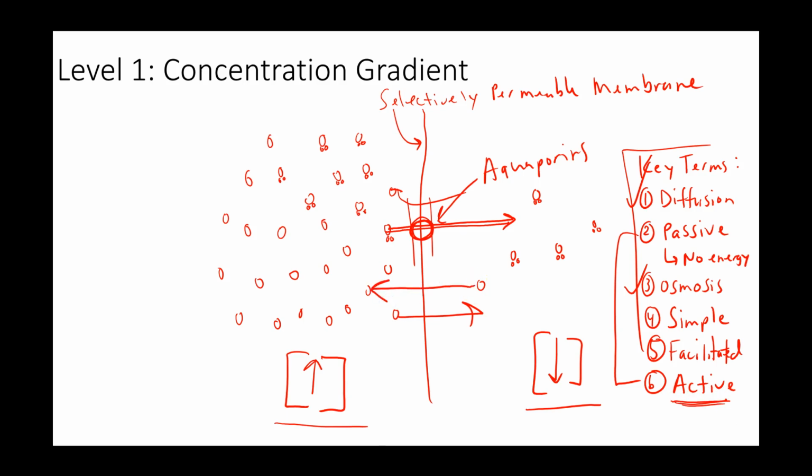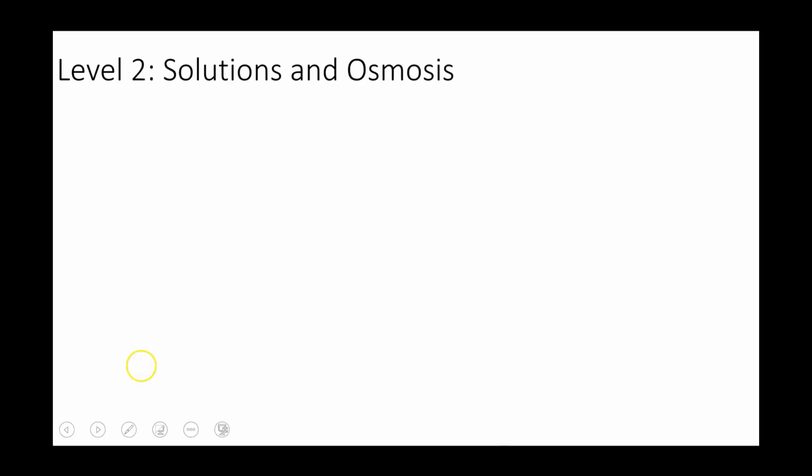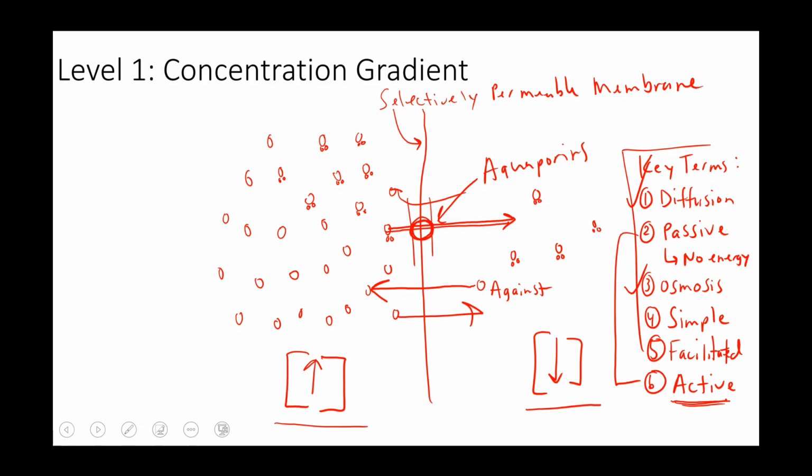Okay, so from this low concentration to the high concentration against the concentration gradient. And the thing with that is that this requires energy to do that. Okay, so going low to high with active transport requires energy.